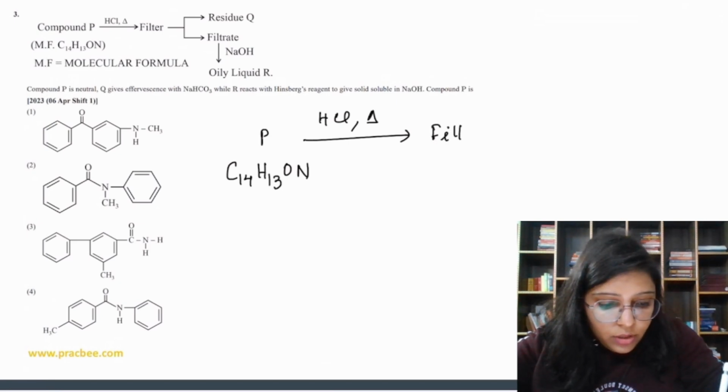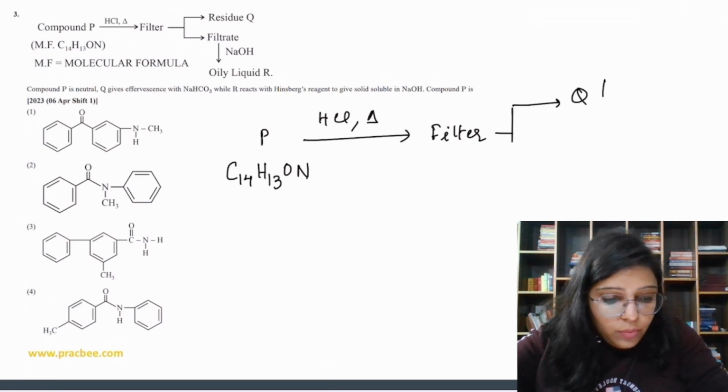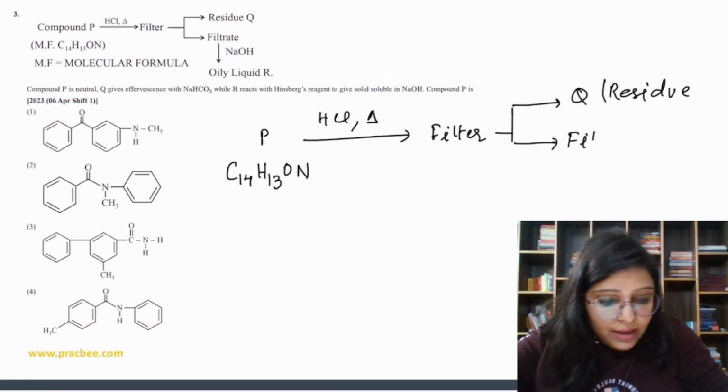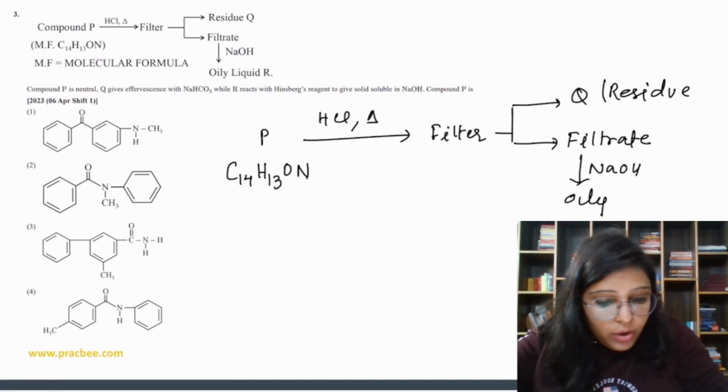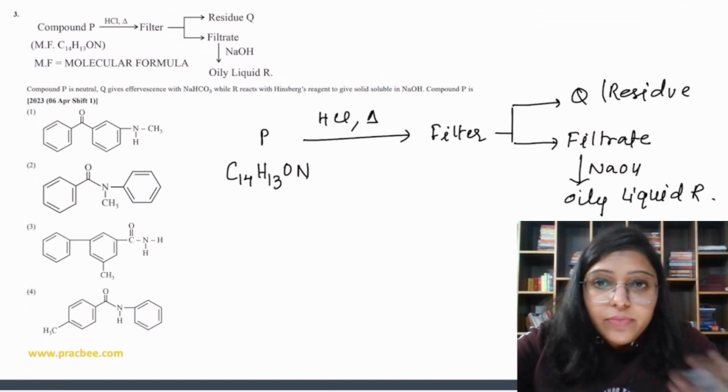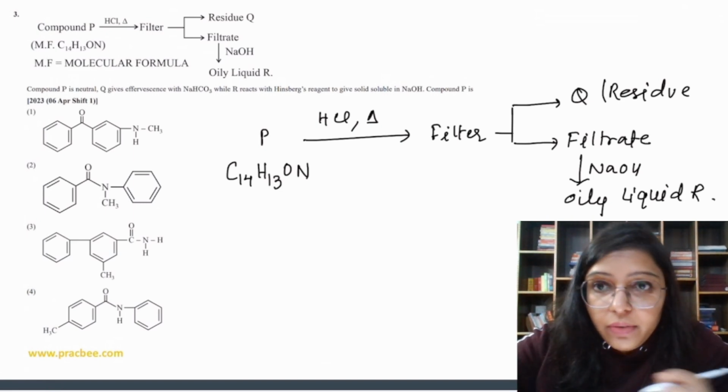On filtration we get Q, which is in the residue, and in the filtrate we have some product. Filtrate on reaction with NaOH gives oily liquid R.